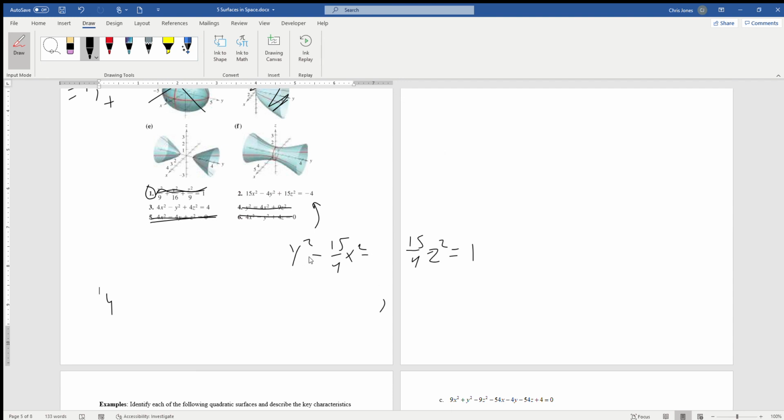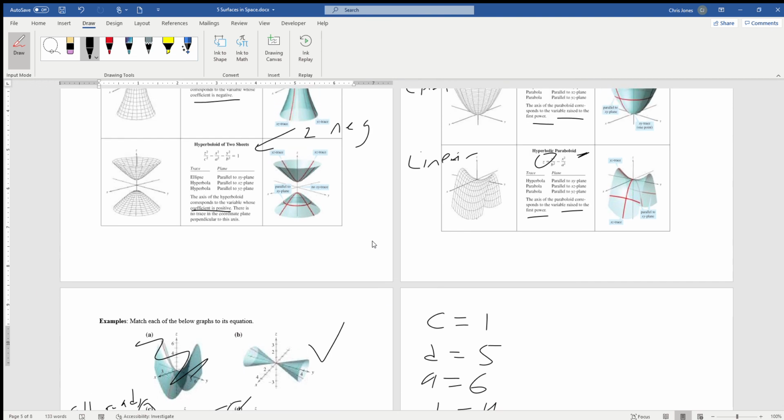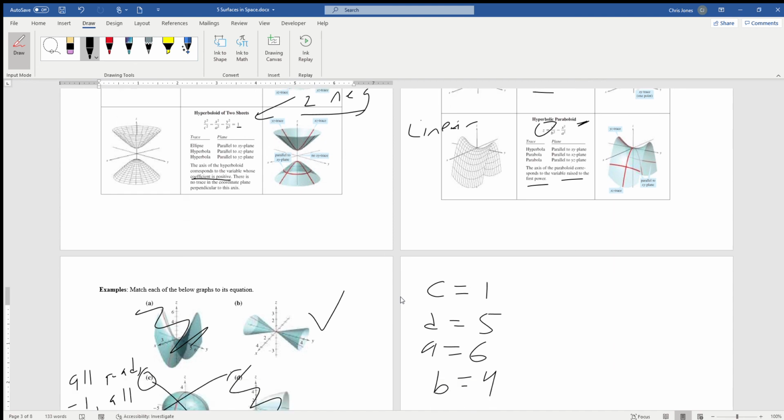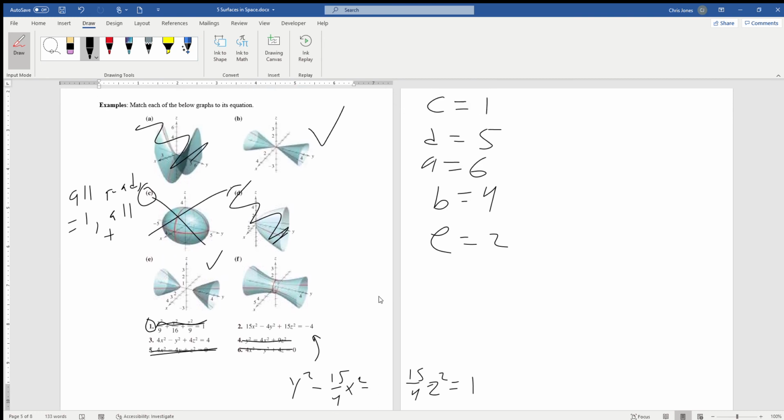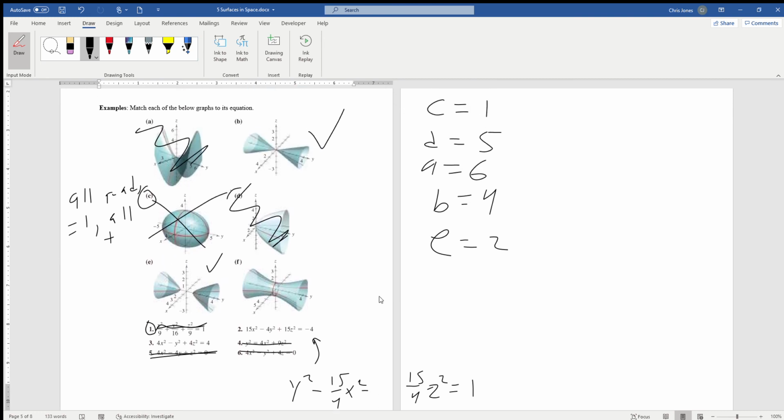Axis of expansion should be the y-axis. Clearly this is going to be the hyperboloid of 2 sheets expanding on the y-axis. So we know right away that 2 is going to be equal to E. Right? And then by default, the only one we have left is F. And F is going to be equal to 3.